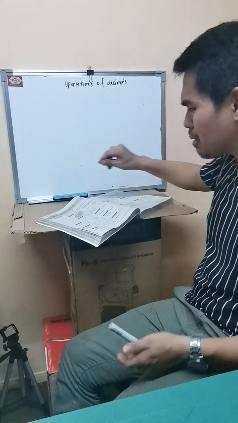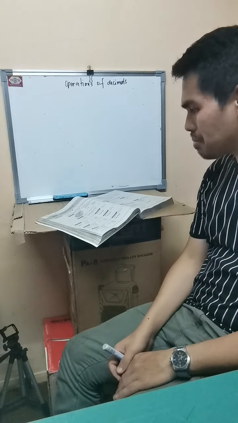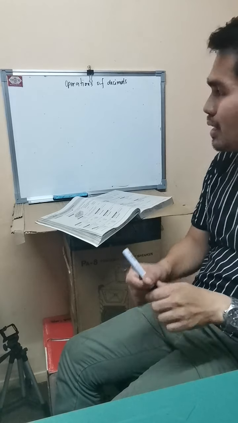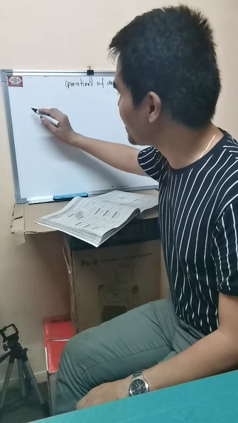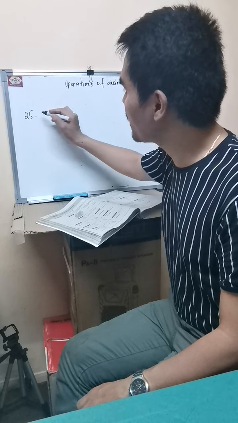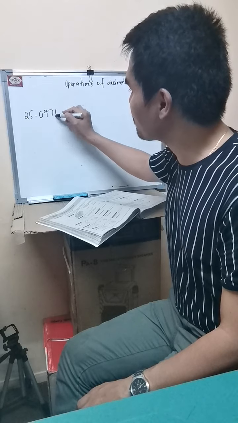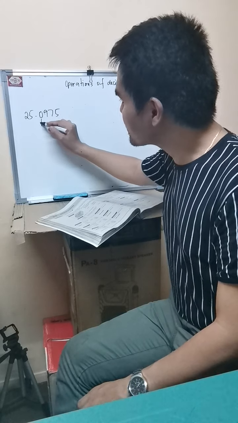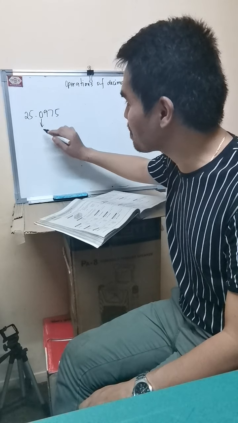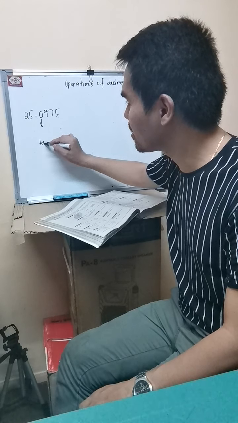What are the things to remember in subtracting decimals? Wait, before we move on, earlier you saw an example of a number, let's say 215.0975. Take note, the 0 here has a significant value. Thus, it takes the place of the tens.